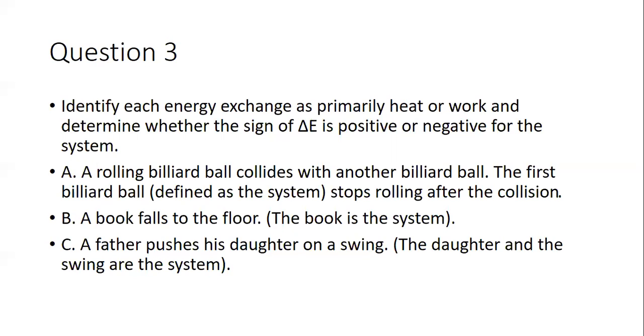Let me pull up the polls here. That would be question 3. I just have whether it's heat or work. Then I want you to write down, once you have that, whether the change in E for the system is positive or negative.